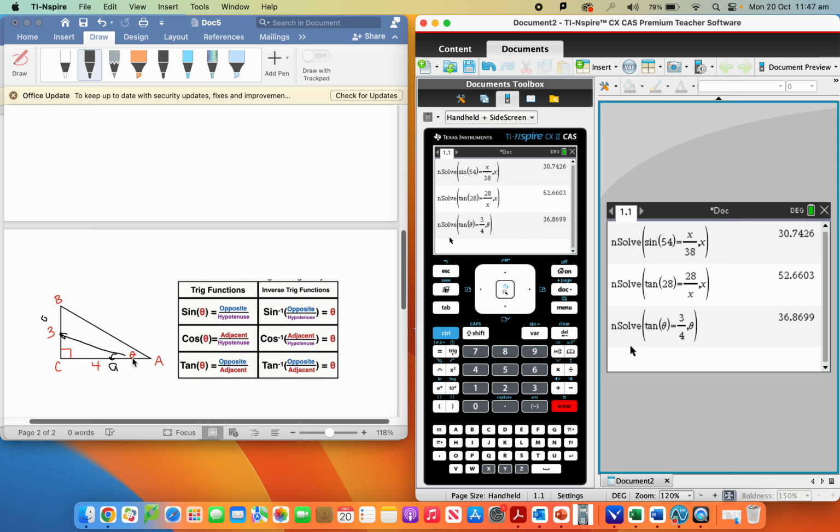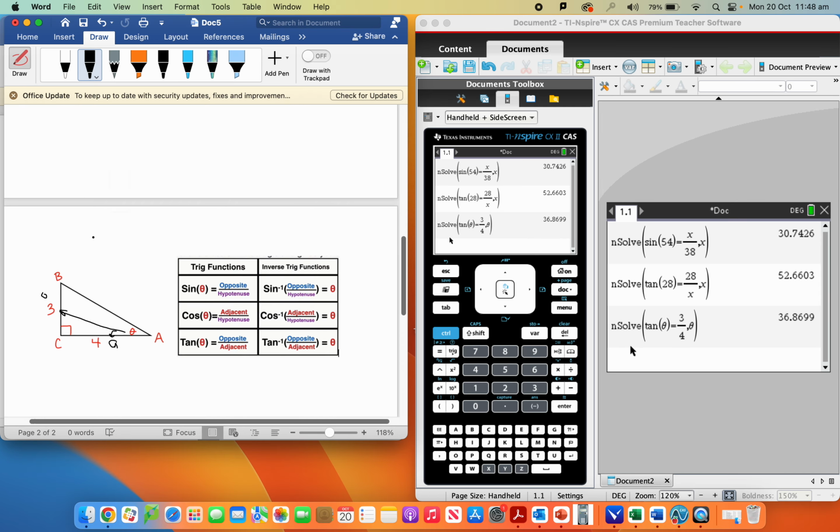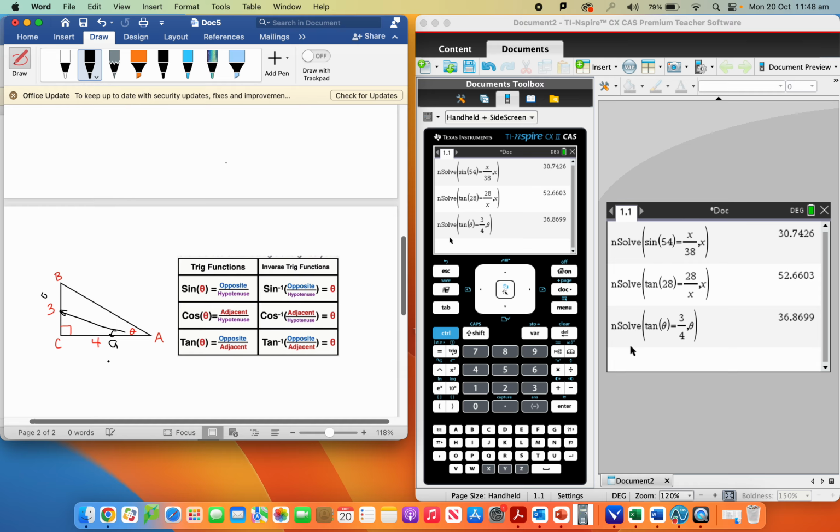So that angle, which has an opposite side of 3 and an adjacent side of 4, rounded to 2 decimal places, is simply going to be 36.87.